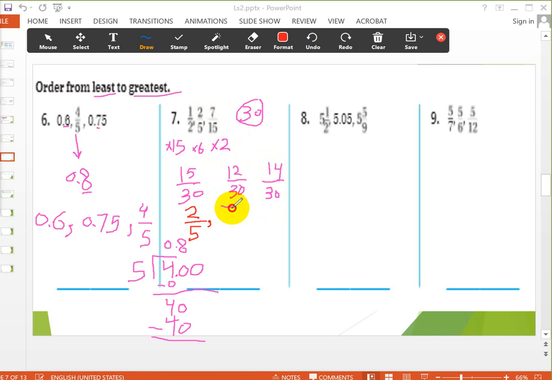That means I will write 7 over 15. Now, after that, the greatest one is 15 over 30. That means 1 over 2. This is how I will order the numbers.